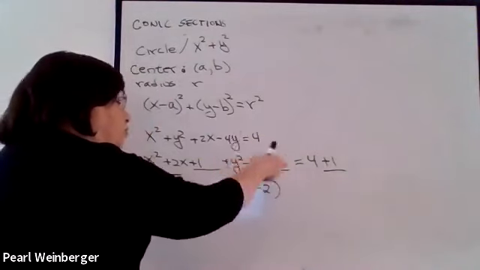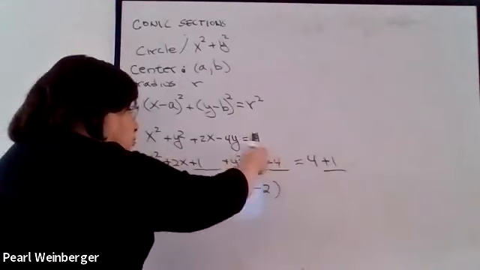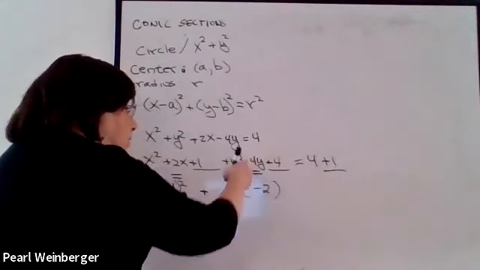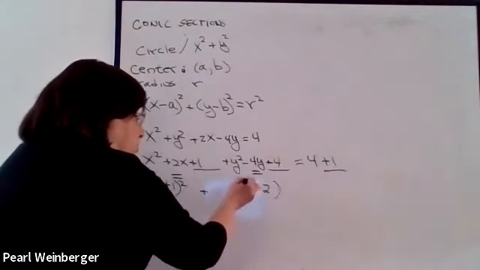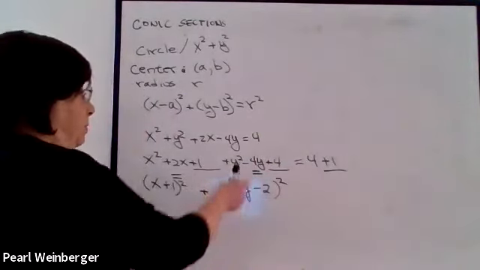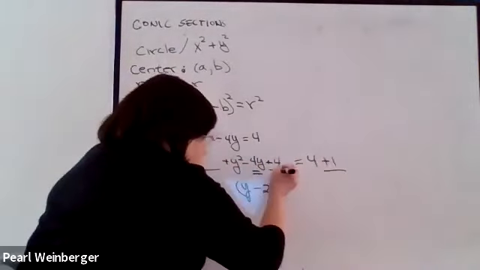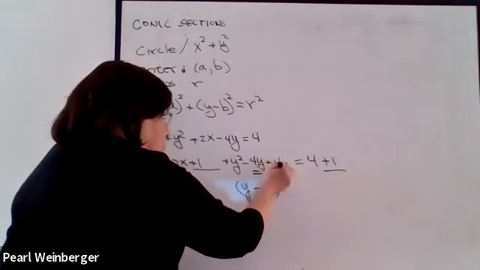I'd have to add 4 to these two terms to get this into a perfect square expression. This becomes y minus 2 squared. But of course, I added 4 over here.